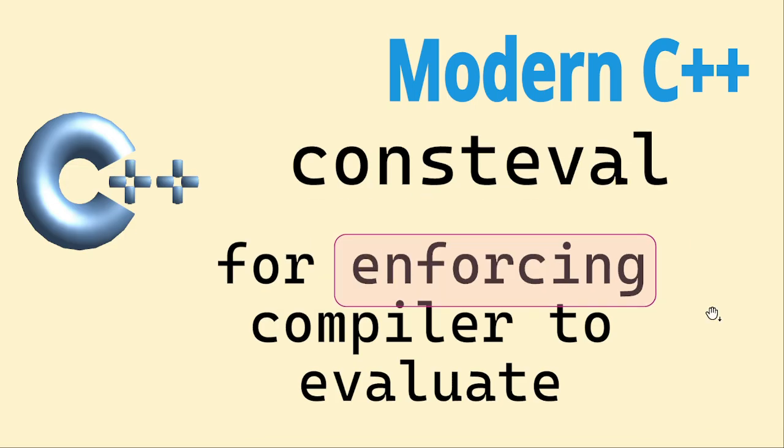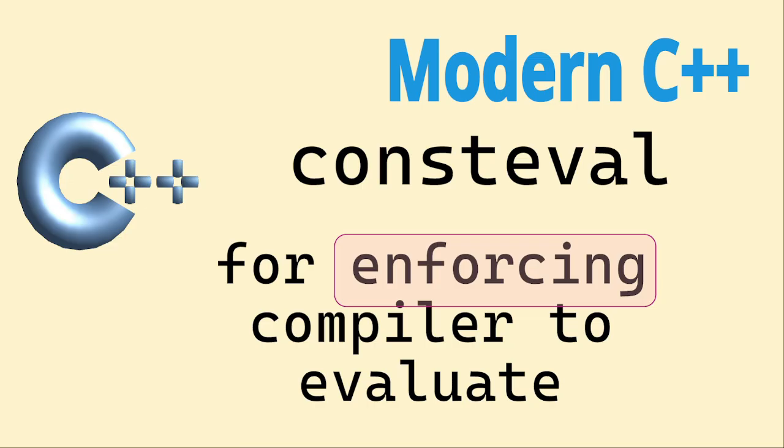consteval is similar to constexpr, but instead of suggesting or asking the compiler, it requires the compiler to make sure that the expression is evaluated at compile time. In the case of constexpr, the compiler may decide not to treat it as a constant expression depending on the nature of the expression or function.